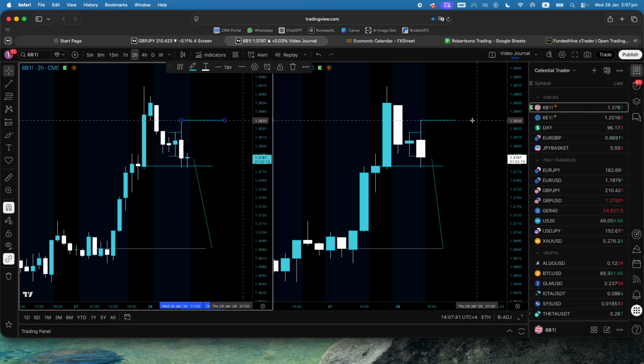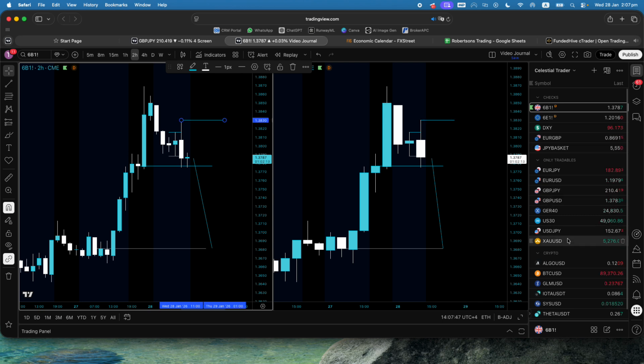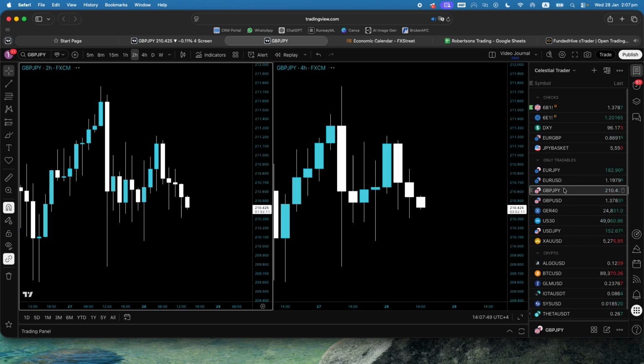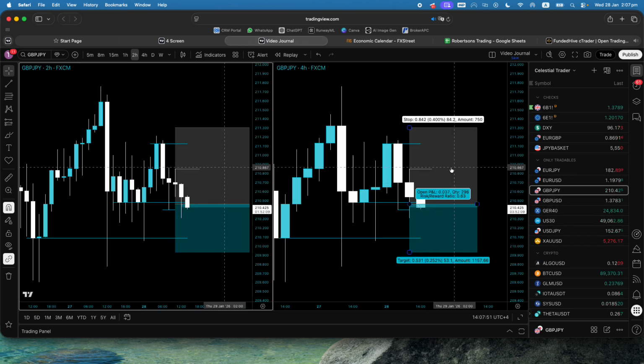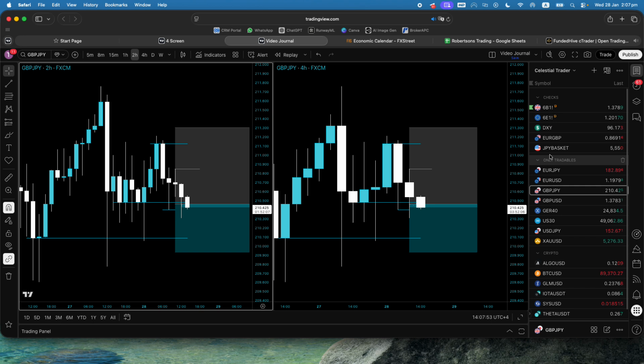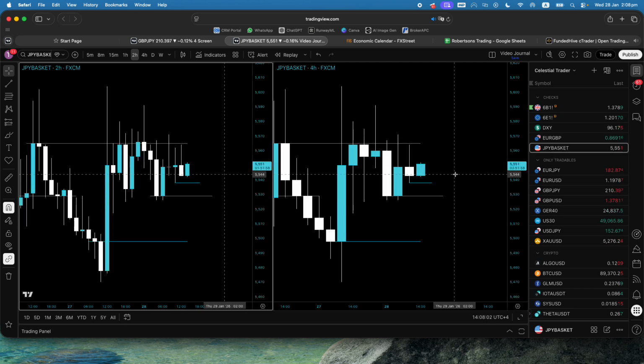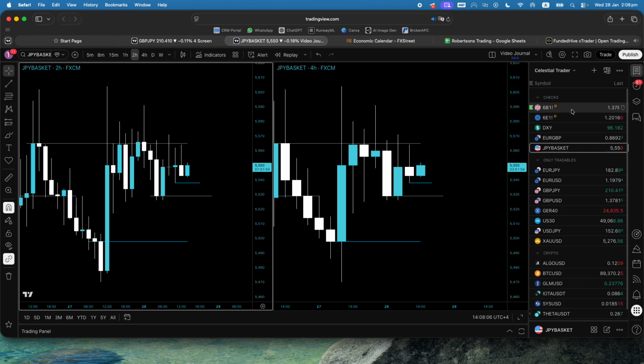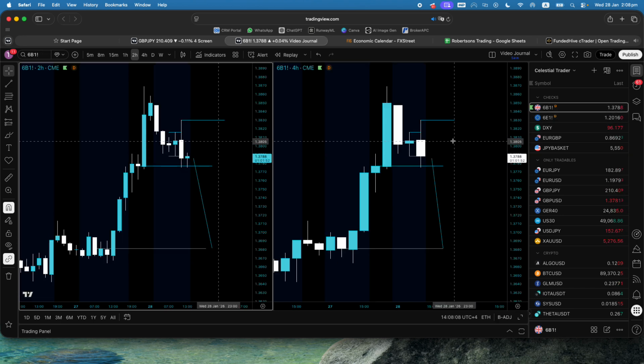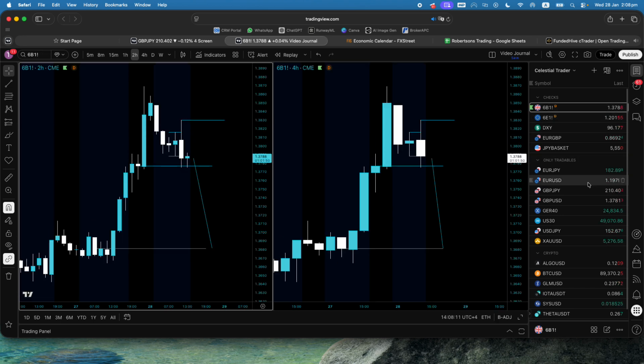So now I'm fully aware of where I'm going to exit this trade if, for example, GBPJPY comes above this level, and then we have some sort of support from one of the other markets as well, such as the JPY basket. If that changes direction, perhaps breaking these lows here, that would worry and concern me. And also the GBP, if we were to break this high, that would worry and concern me.